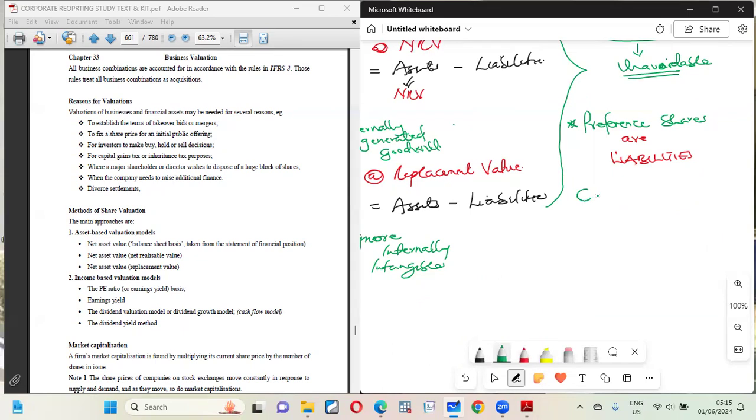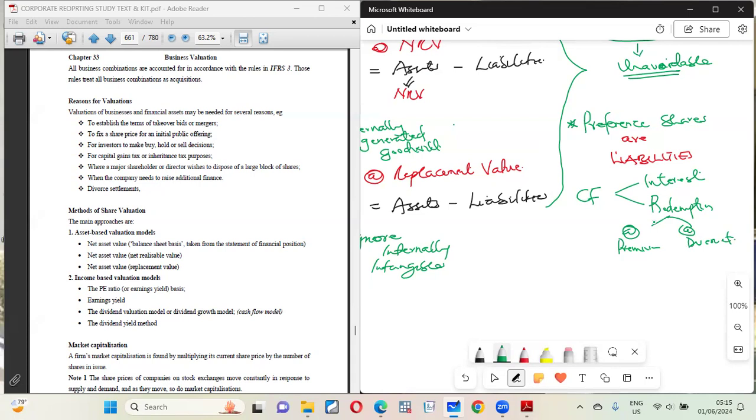So the cash flow of this liability is the interest you have to pay and also the principal, which is the redemption. The redemption can be at a premium, or it can be at a discount. This is something you need to take note of.